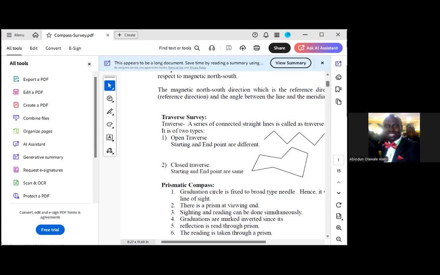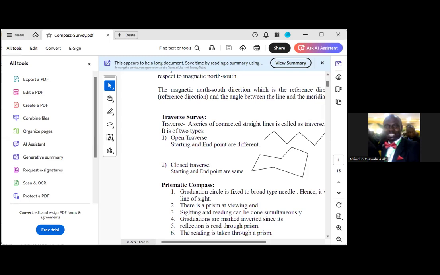I'm very sure you know the meaning of those 3, but we are doing revision, so I hope you know the meaning of chaining, ranging, and offsetting. We do them simultaneously as we do chain surveying.